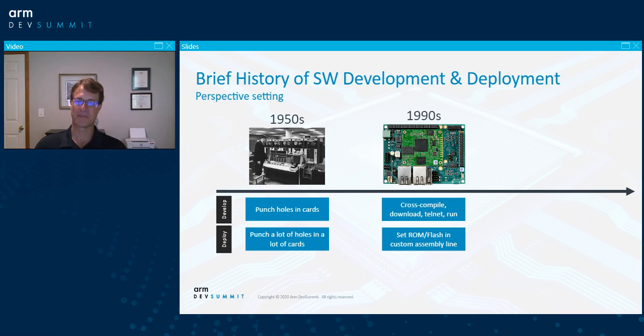Now, when I did start back in the 90s, this is kind of how things worked. As the ARM architecture came on the scene and gained traction in all kinds of embedded systems, there were lots of boards with ARM CPUs.